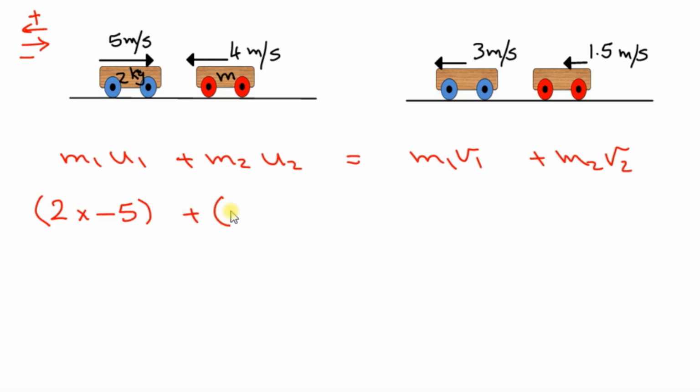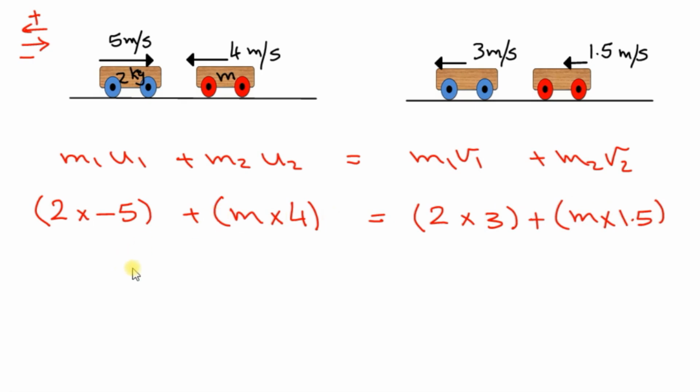Plus m2 is unknown, so we'll keep it as m times u2, which is 4 to the left, and we consider the left positive, so it's times 4, equals m1v1, so again it's 2 times 3, which is to the left, plus the unknown mass times 1.5, and then we will do the math.